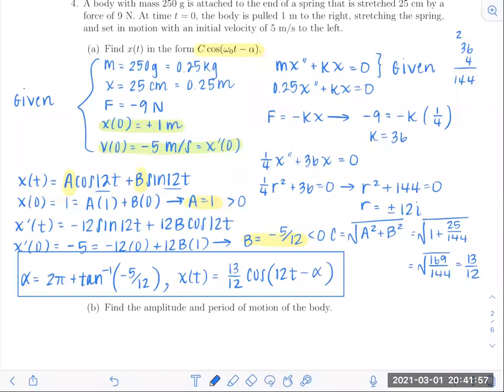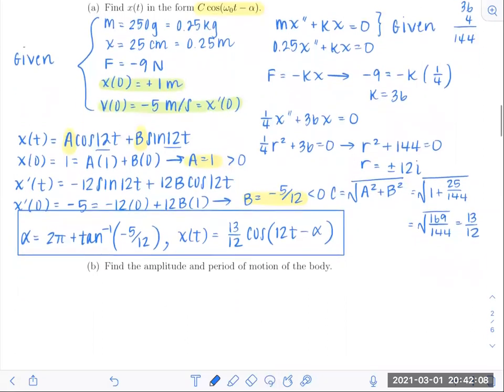Part b just says, using your solution from part a, find the amplitude and period of motion of the body. So the amplitude is the easy one to pick off. The amplitude is just the coefficient in front of that condensed cosine function. So the amplitude is c, which is 13 over 12 meters. Again, that just tells how high up and down this function is oscillating.